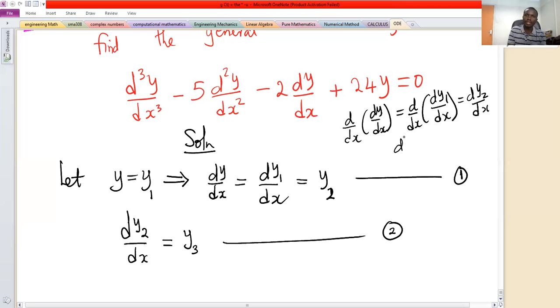So this is what defines d squared y dx squared as the same as dy2 dx. So this one will be defining the second derivative.